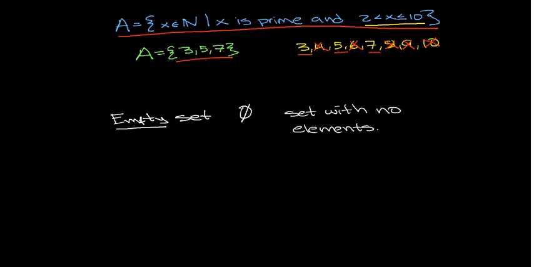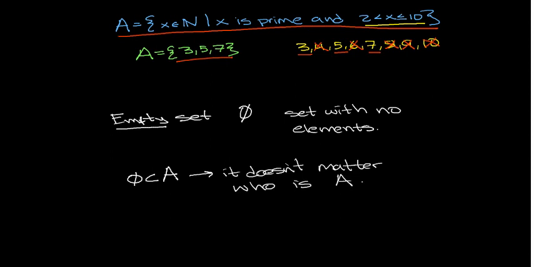Well, if we define the empty set as the set with no elements, then we end up with very interesting properties. For example, the empty set is a subset of A, and in this case it doesn't matter who A is.